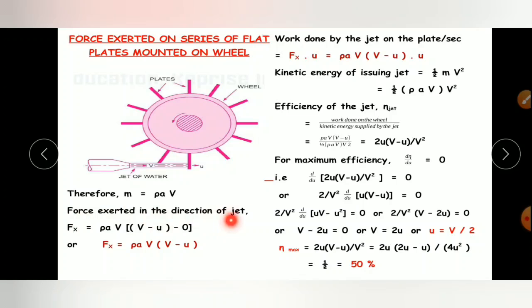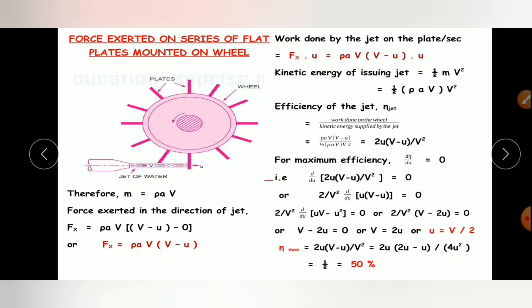Therefore, force exerted in the direction of the jet, Fx equals mass into initial velocity minus final velocity. Here mass equals rho A V and initial velocity equals V minus U and final velocity equals 0. As a result, Fx equals rho A V into V minus U minus 0, which becomes Fx equals rho A V into V minus U. This is the formula for the force exerted in the direction of the jet.